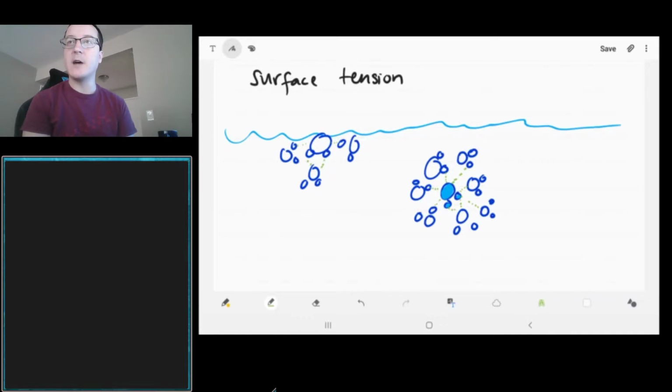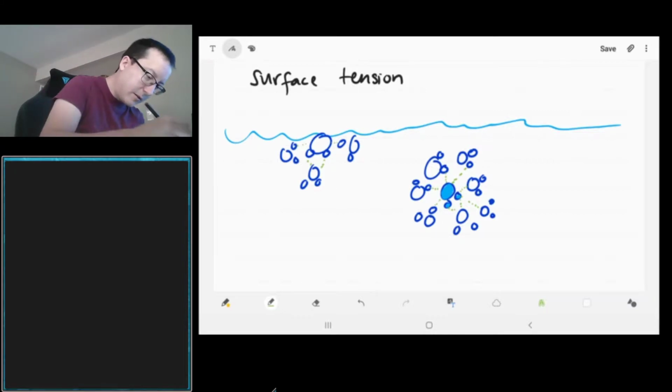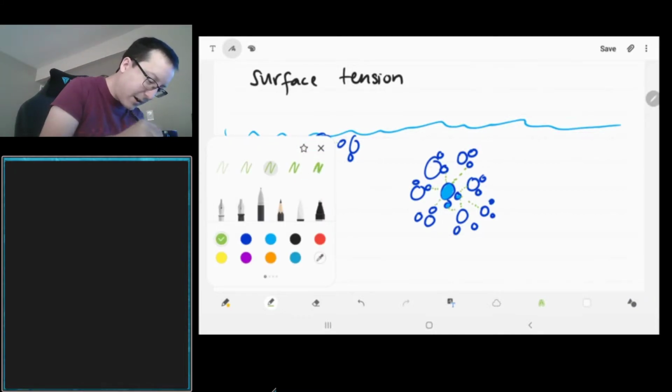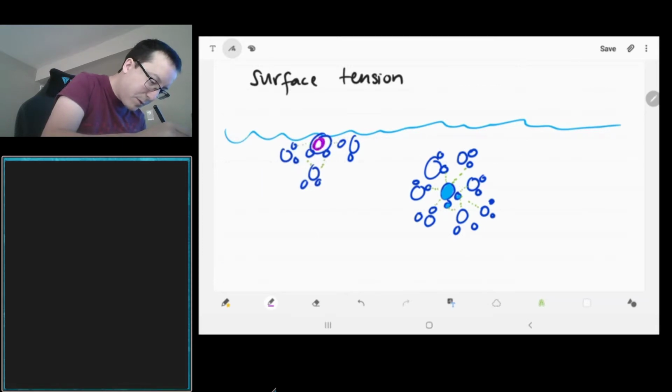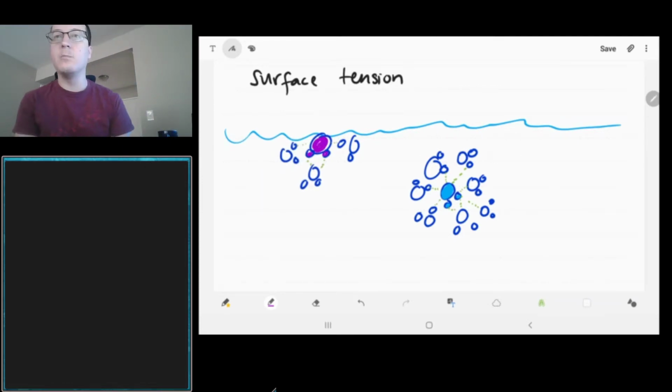There's nothing on top of it, right? There's no water molecule. That's air on the top. So there's no other water molecules around it. And so as a result, that water molecule, let's make it purple. The purple molecule does not have anyone pulling on or attracting it on the top. So as a result, it is pulled down a little bit.